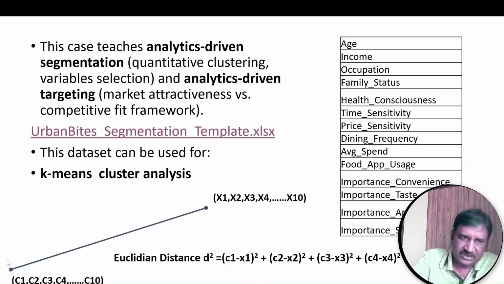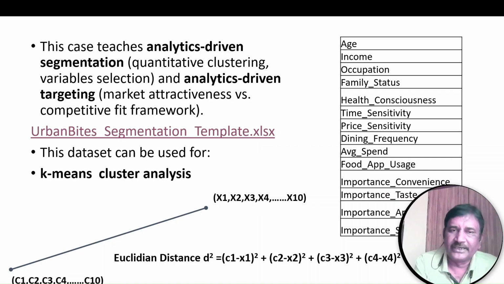Now the distance of this point from this center will be given by (C1 minus x1) square plus (C2 minus x2) square plus (C3 minus x3) square plus (C4 minus x4) square, and so on up till (C10 minus x10) square. This is actually the square of the distance.